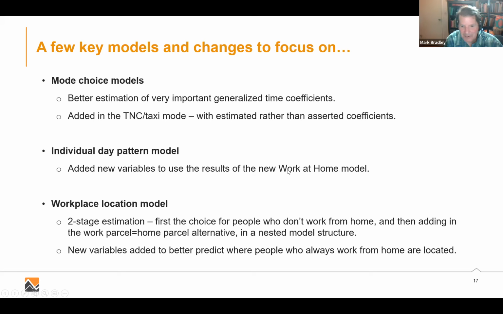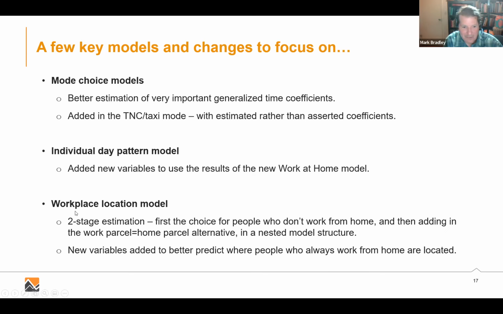They're less likely to commute to work, but they're more likely to make short tours from home for things like shopping, recreation, and less likely to make intermediate stops, because a lot of times people make those types of complex tours as part of their work tours where they make a lot of stops on the way home from work. So now instead of going shopping on the way home from work, if somebody's working at home, they're more likely to just go out to the store from home during the day and then come back.